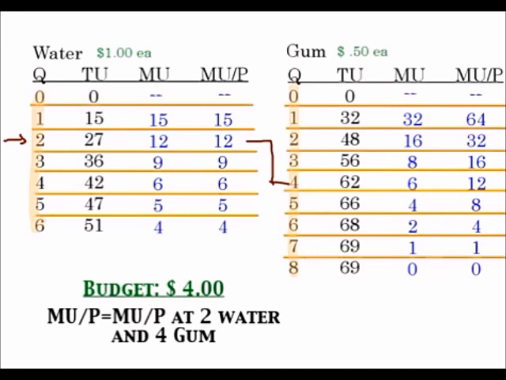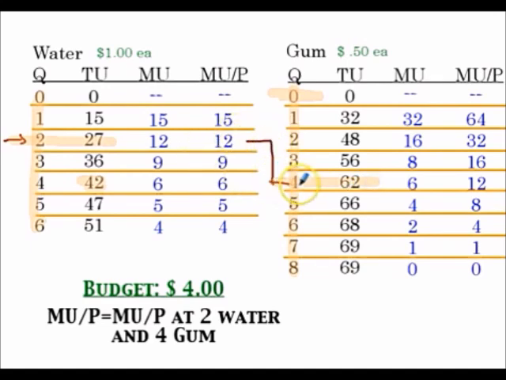For example, if I did 4 water at $1 each, which means 0 gum, because my budget is $4, 4 units of water gives me 42 total units of satisfaction. That is lower than if I added the 27 and the 62 for my utility maximizing combination.